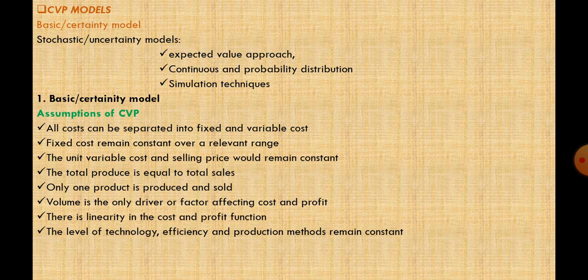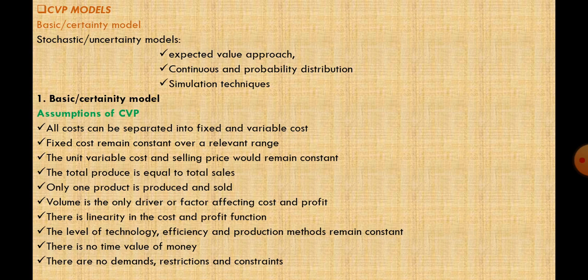There's also the assumption that the level of technology, efficiency, and production method remains constant. There's no time value of money considered here, and there are no demand restrictions and constraints. So those are the assumptions that guide the CVP analysis.